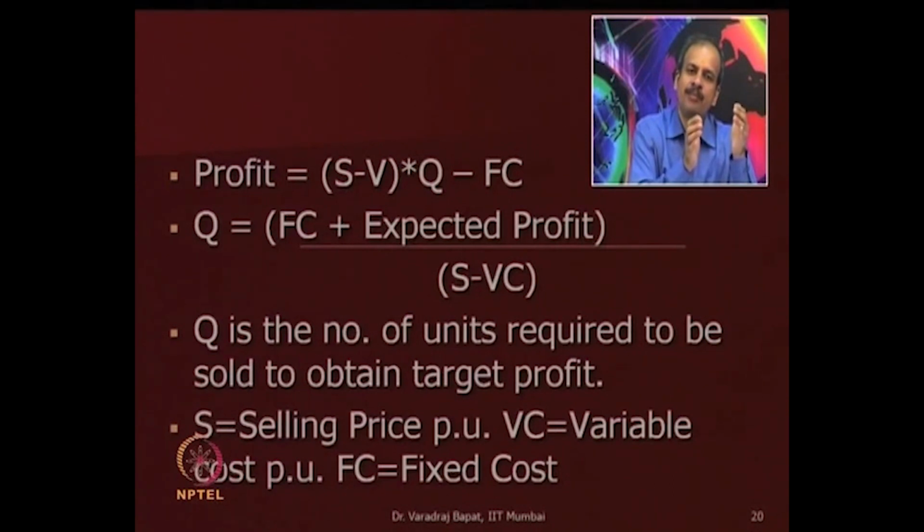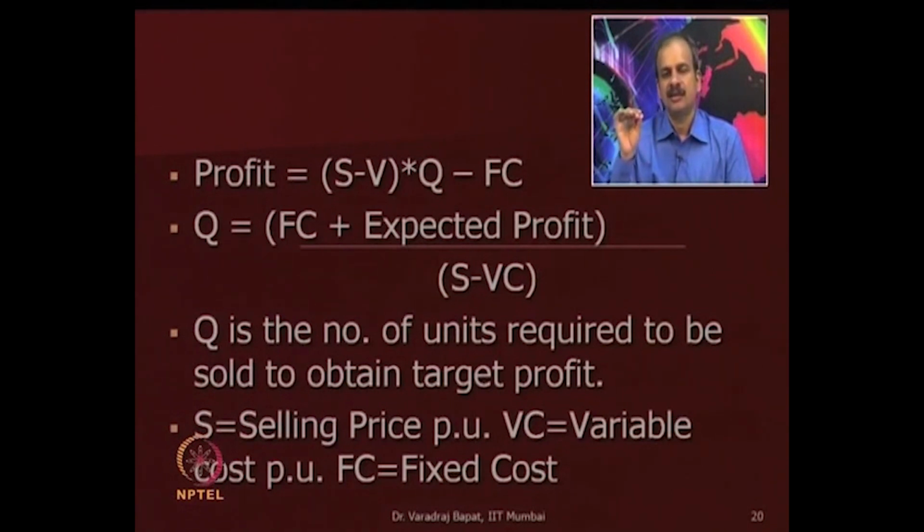So, we can say that profit is nothing but (S minus V) into Q, wherein Q is nothing but the number of units targeted to be produced and sold. Okay. So, sale minus variable cost margin has now been calculated as (S minus V) into Q minus F, gives us profit.